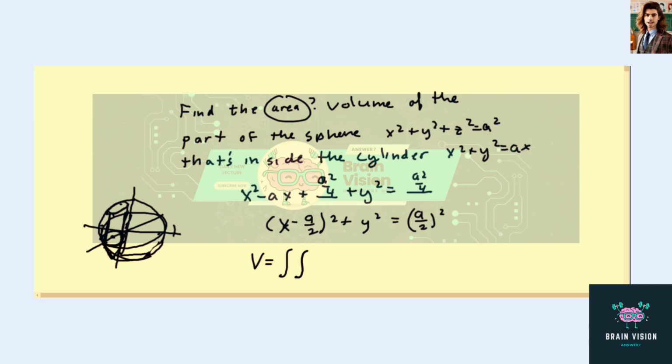I don't know if you're doing double or triple integrals. It doesn't matter because it'll end up being this A squared minus X squared minus Y squared minus that. So two of those, top minus bottom, dz. And then here, this is X, Y. This is A over 2.